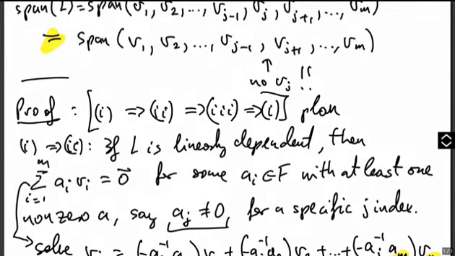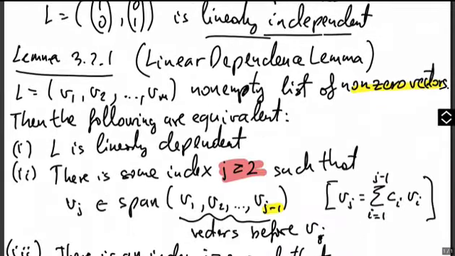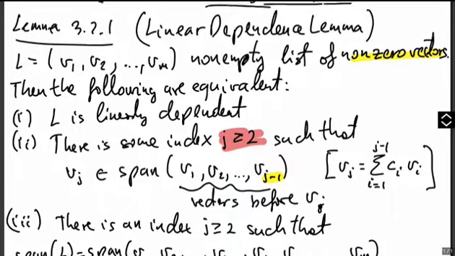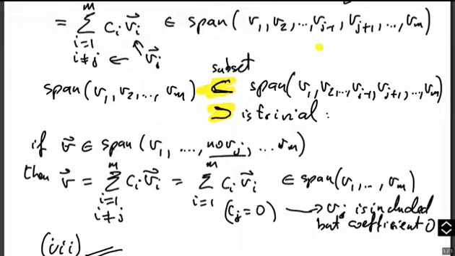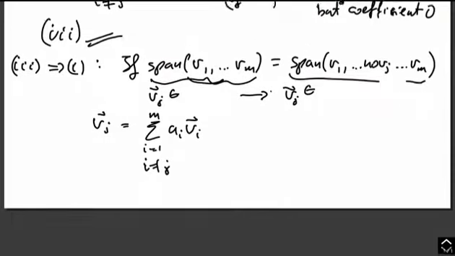And if you check what the first condition was, well, it's that L is linearly dependent. Well, how does this imply that L is linearly dependent?